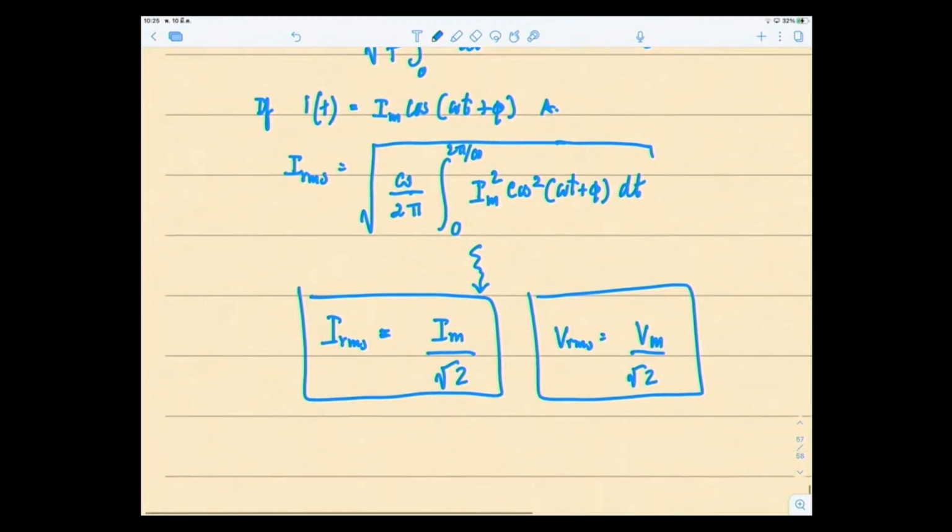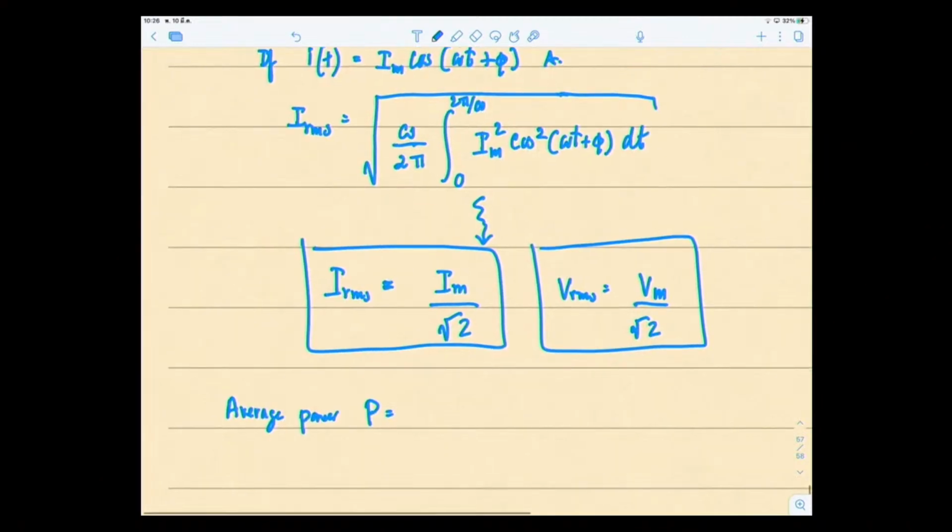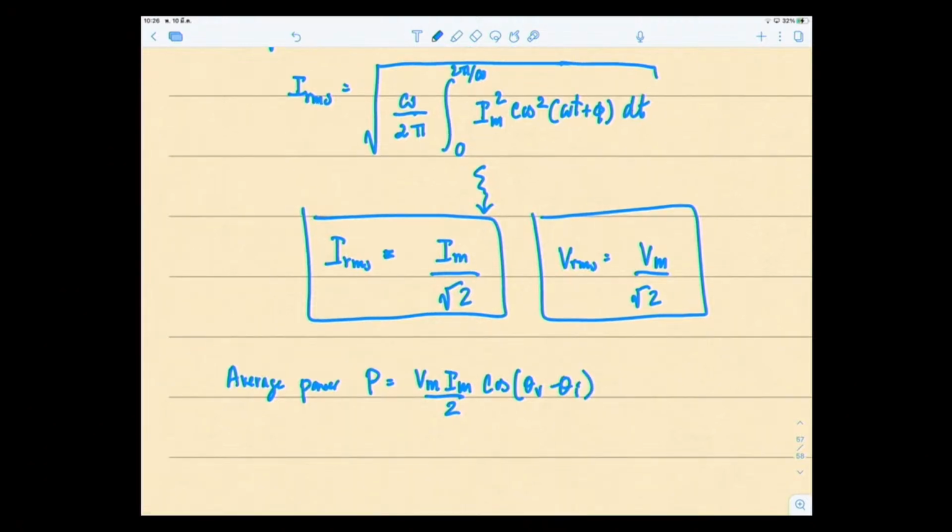Now, if we go back to our average power formula, P equal to Vm Im over 2 cos theta V minus theta I, I want to change this Vm and Im into RMS values.